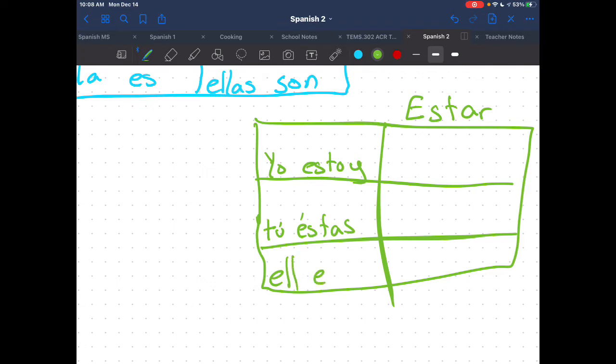Oh, I realized something. When you put the accents on things, because I was just putting it on the u for tú, remember to always put the accent in estar on the a. Always on the a. Okay? So we have está, ella está, nosotros.